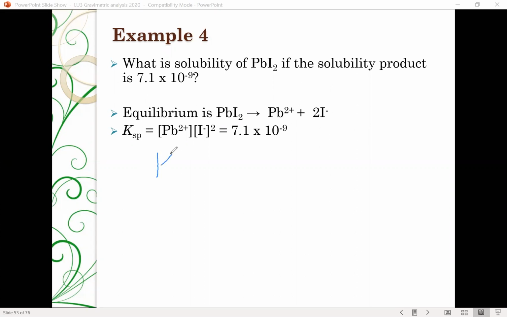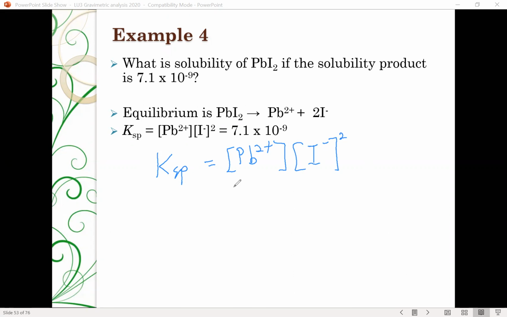We know Ksp would be the concentration of Pb2+ times the concentration of I-, the iodide ion.